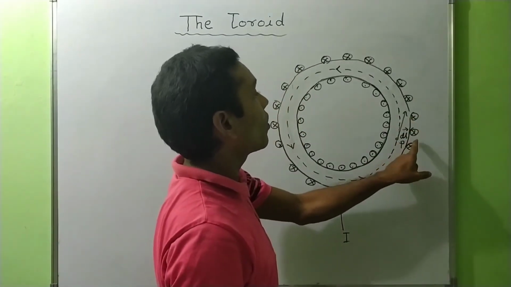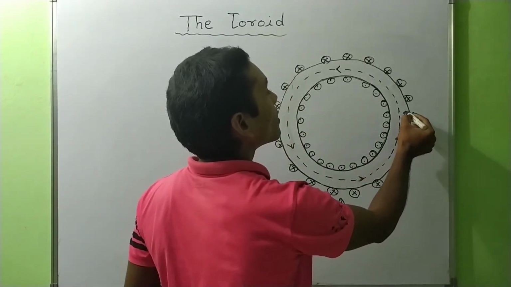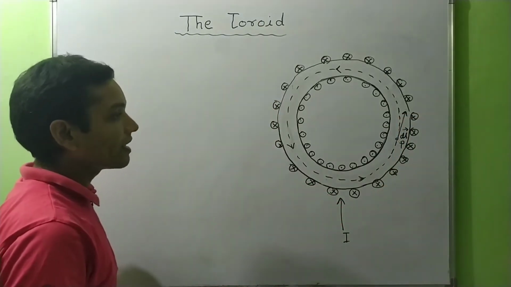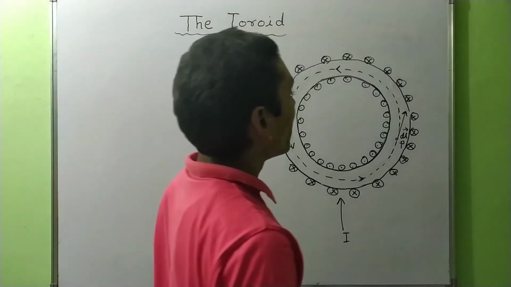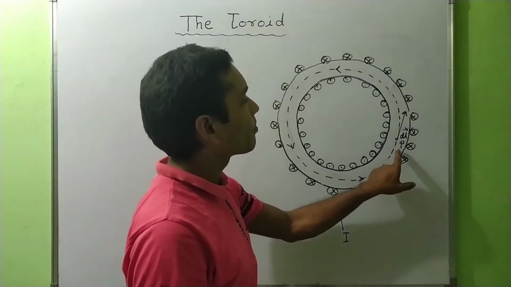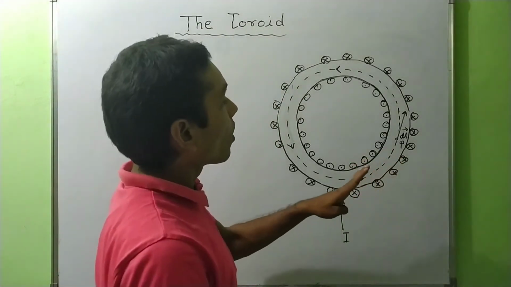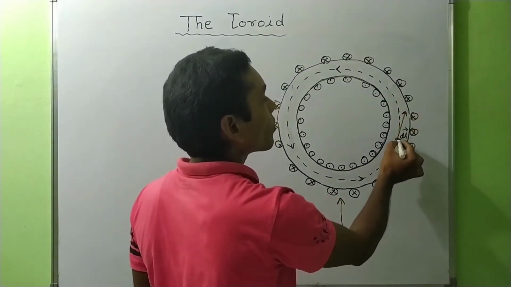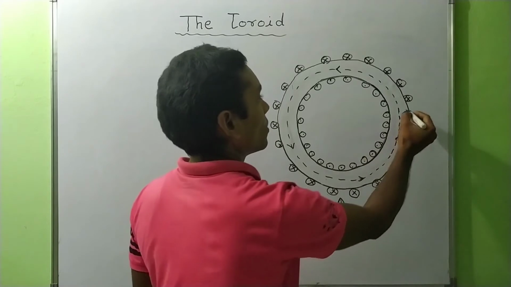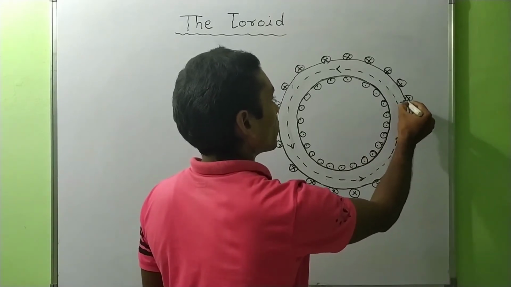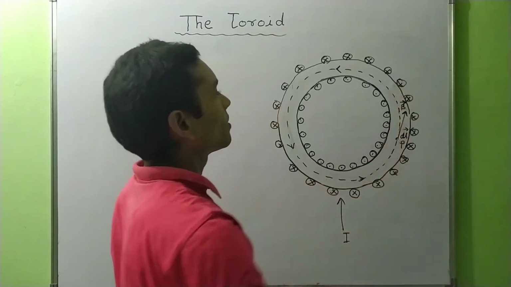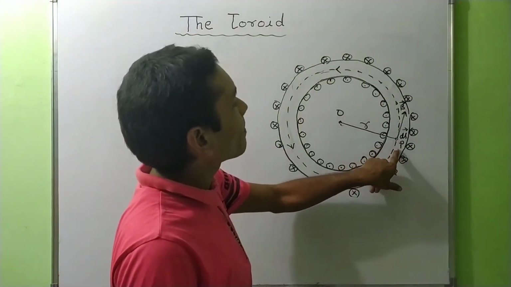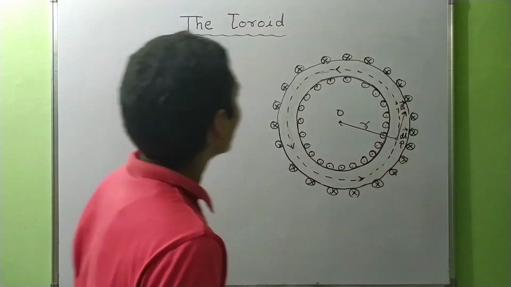So the direction of dl will be along the tangent. And we know that the direction of magnetic field at point P will also be along the tangent drawn from the point P. So the direction of magnetic field will be this. Here the magnetic field at point P is vector B.